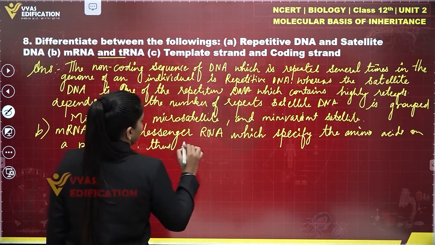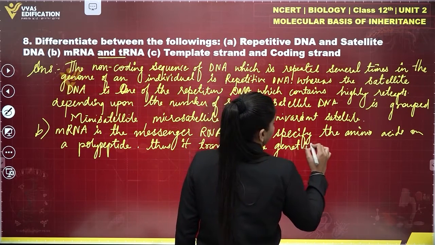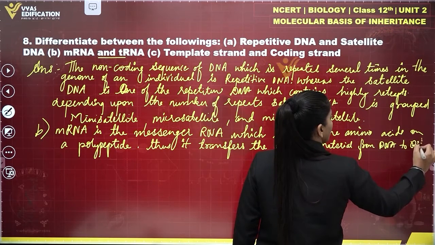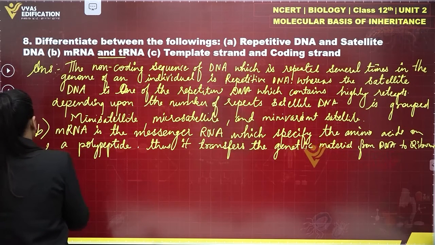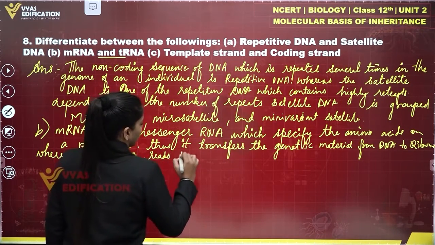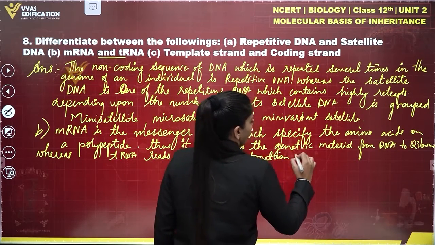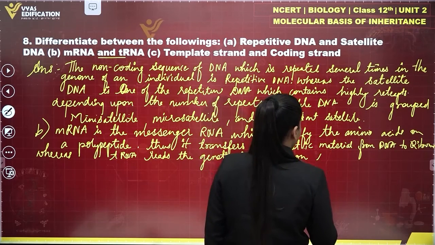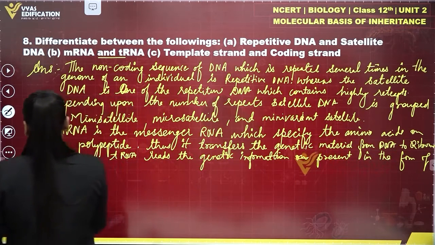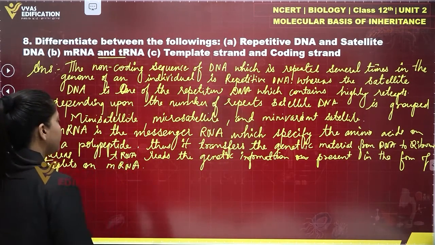That means, thus, it transfers the genetic material from DNA to ribosome, whereas tRNA, that means transfer RNA, reads the genetic information which is present in the form of triplets on mRNA, right? So this is the difference between mRNA and tRNA.